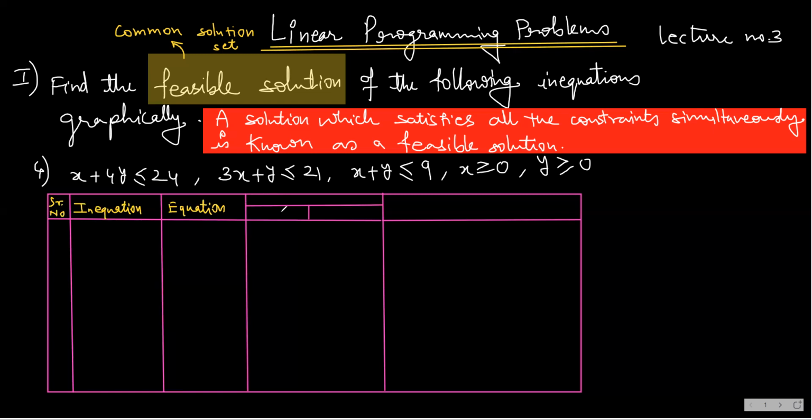And in order to plot the straight line, you will have to find the intercepts of the line on the coordinate axes. So here I will write intercepts. The next column is intercepts. Now you have x-intercept and y-intercept. Then the next is solution set.